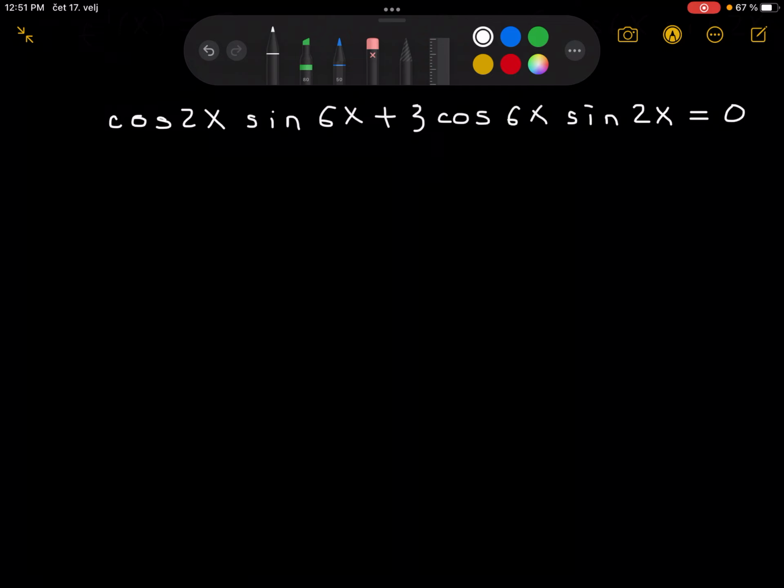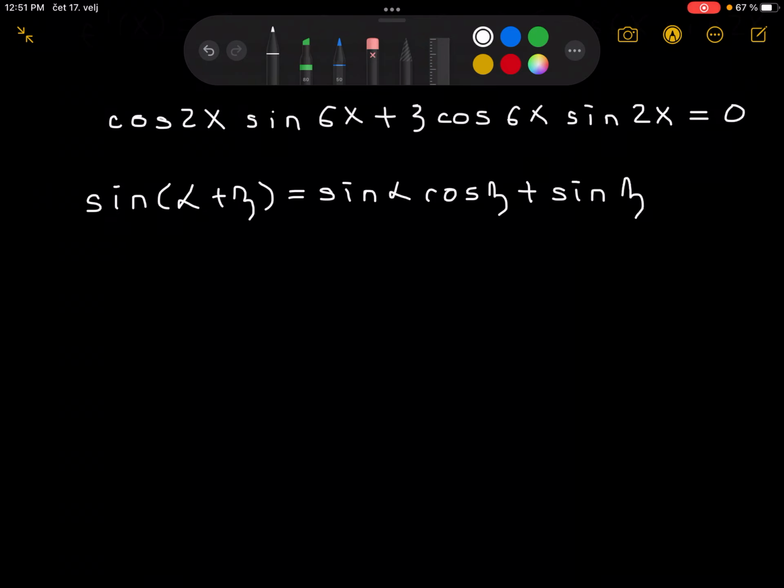So I'm just going to go ahead and say sine of alpha plus beta is equal to sine of alpha times cosine of beta plus sine of beta cosine of alpha.